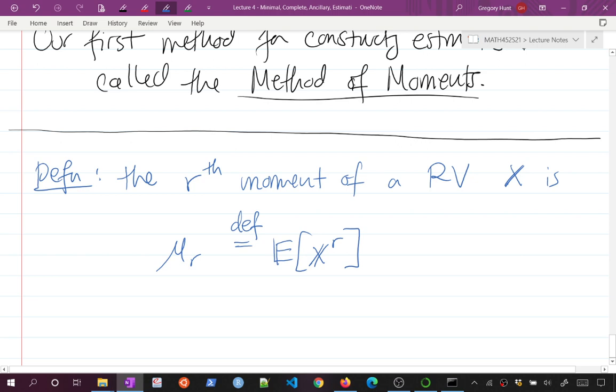So x is just a univariate random variable, and the rth moment of x is the expected value of its rth power.